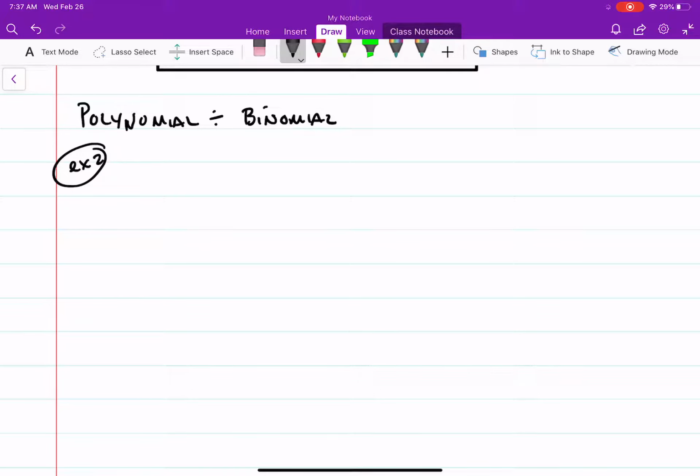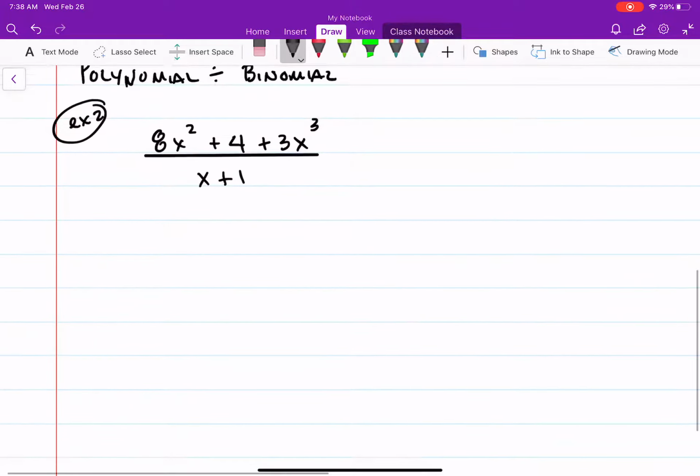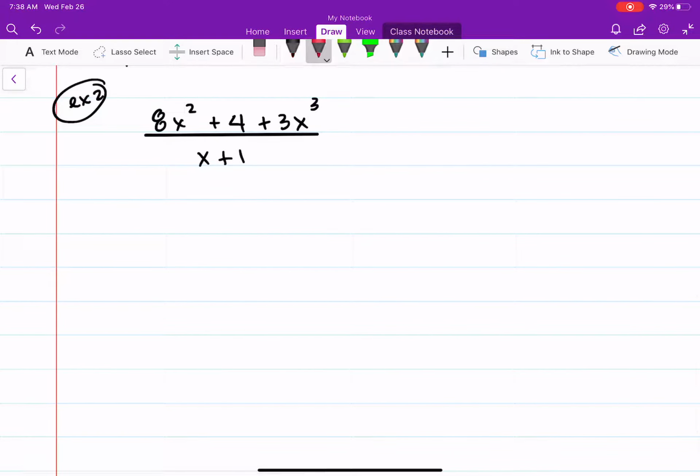So let's say I have 8x squared plus 4 plus 3x cubed over, I'm going to use x plus 1. So what we will have to do with this is going to be long division.